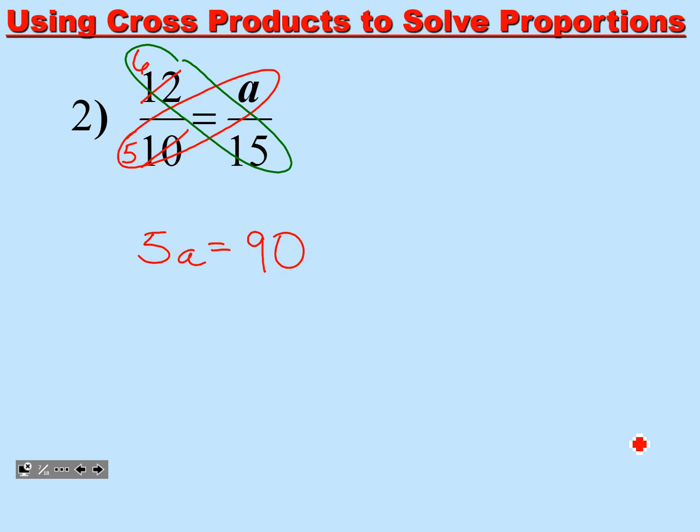So what I'm going to do now is divide both sides by 5. And therefore, A will eventually equal 18. Okay. I hope that you guys get this. Let's see what you guys get next.